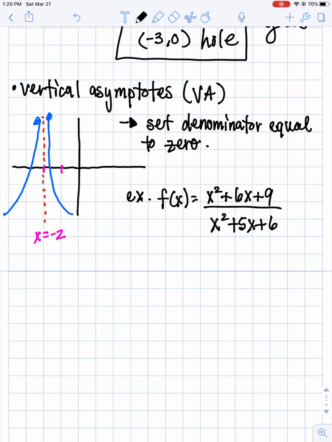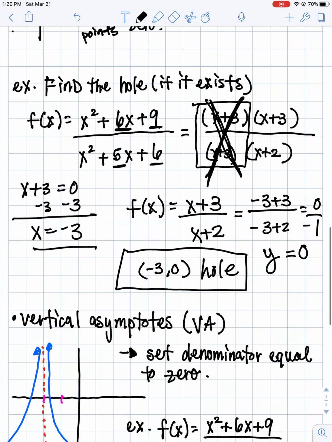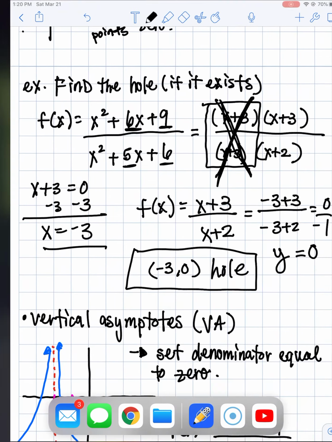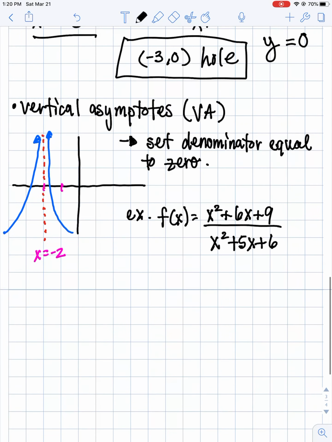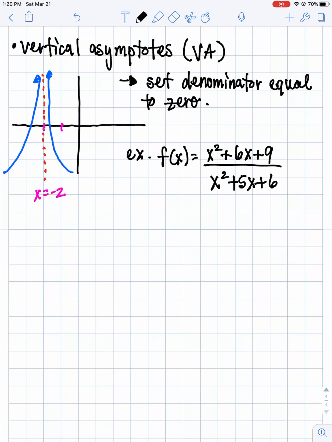Before you check for vertical asymptotes, guys, you have to check for holes. And how do we find holes? We factor the numerator and we factor the denominator. That's why I taught you holes first, because I want you to find the holes first when doing these problems. After you find the hole, I then want you to go find the vertical asymptote, okay?